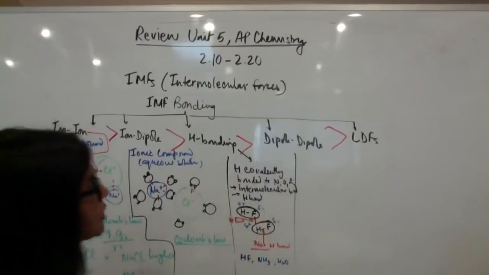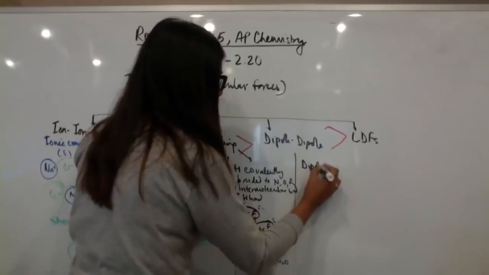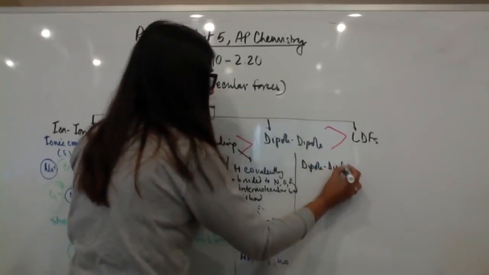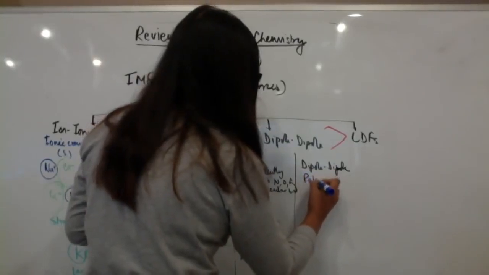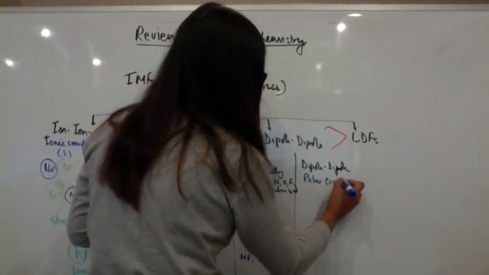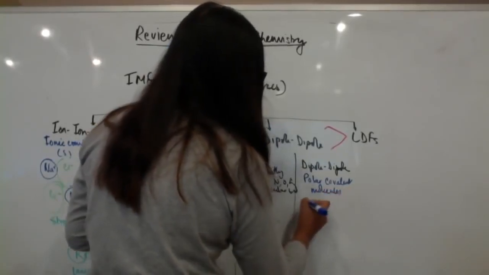Now, dipole-dipole exists in polar covalent molecules. And how do you know polar covalent molecules?